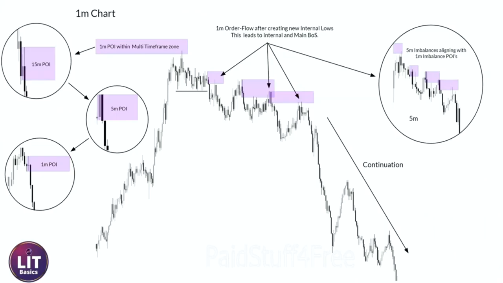So here is our example. As we can see, we've got our M1 order flow creating internal lows and leading to a quote unquote main BOS. But actually you can't see it, what this would be is the inducement, and we're now trading away from that.